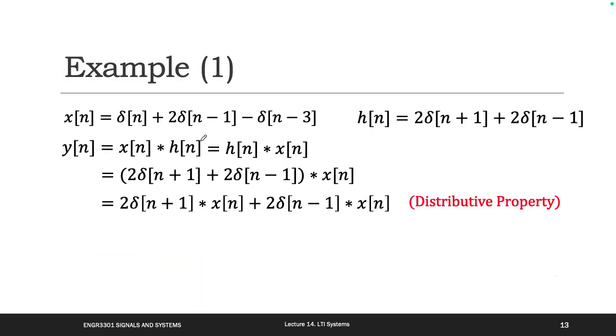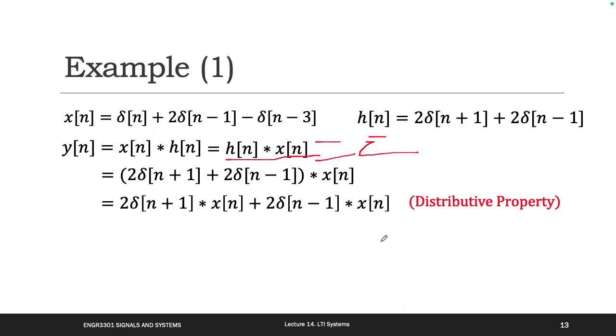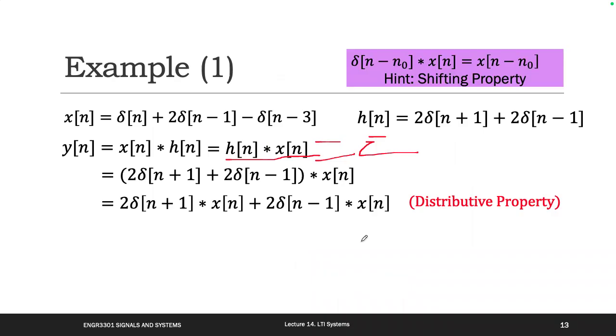Actually, if you write the equation here and use some equation to calculate, you can do that, but it's not a very efficient way. So there are some properties you can use here, the shifting properties. Based on the shifting properties, you can easily get this one. Here, n0 is just negative one, right?